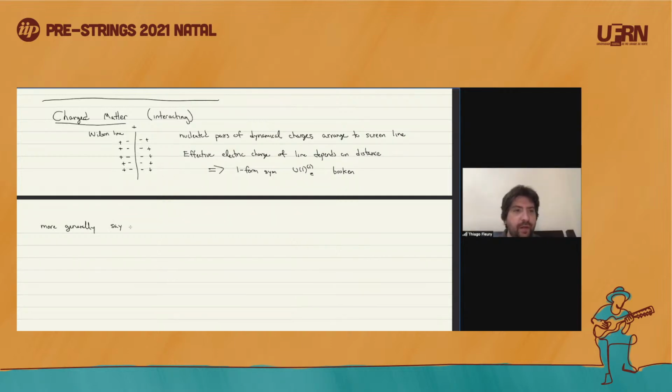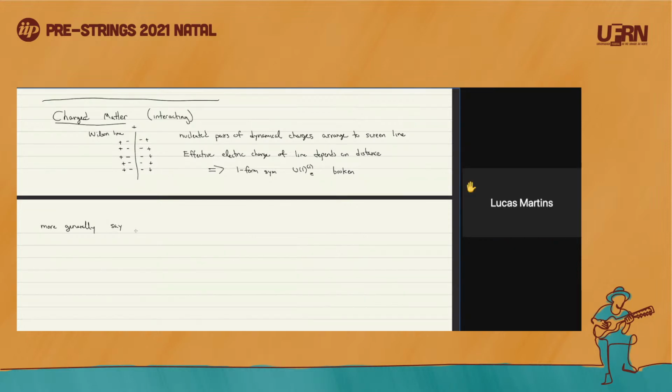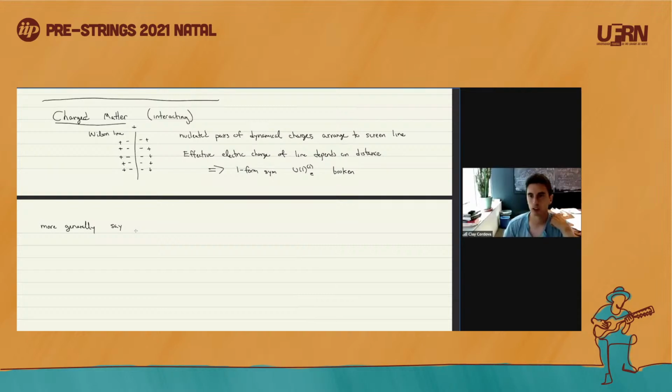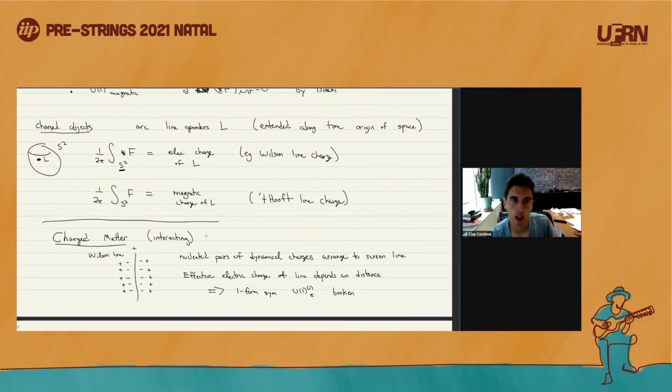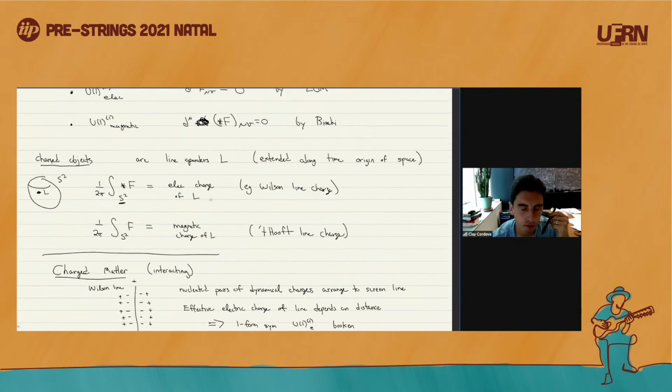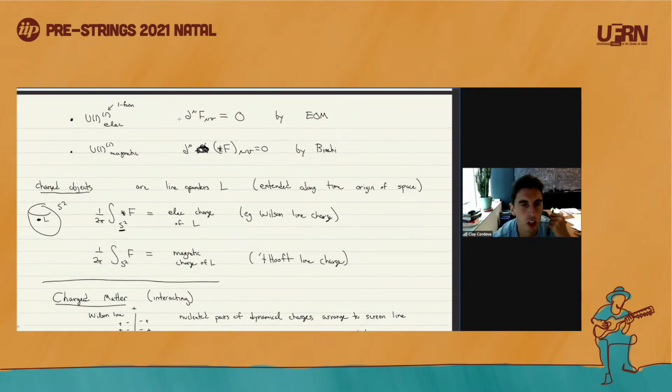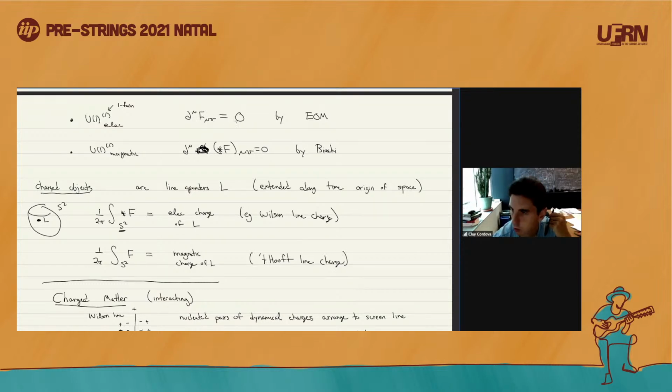Sorry, Clay, I think there is a question by Lucas. Sure. Okay, it's about clarification. When you say broken, you mean explicitly broken or spontaneously broken? Explicitly. Let's be less pictorial, more equation oriented. In order for there to be the U1 electric global symmetry, we need d mu F mu nu equals 0. We need this current to be conserved if you want a U1 one-form global symmetry.